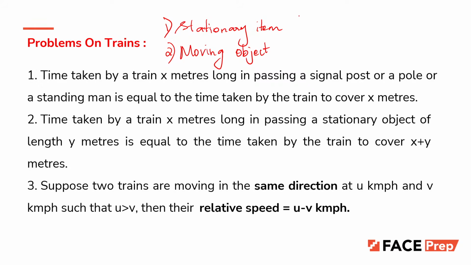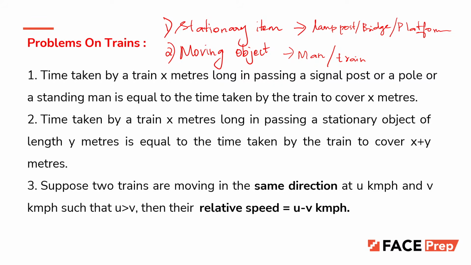For a stationary item, you may get what? A lamppost or a bridge or a platform. Similarly, you may get different things. For a moving object, you may get a man moving in the opposite or in the same direction, or the other train. Okay. So these are the two things you may get for a stationary item and a moving object.